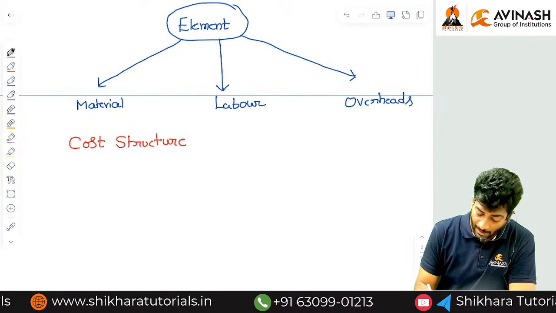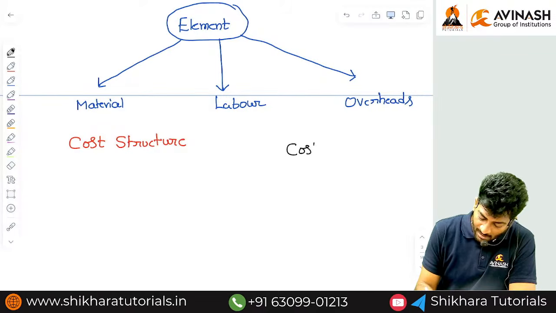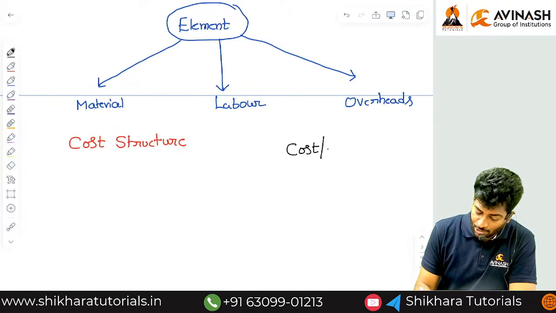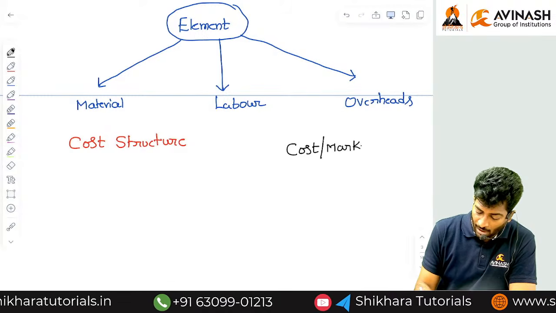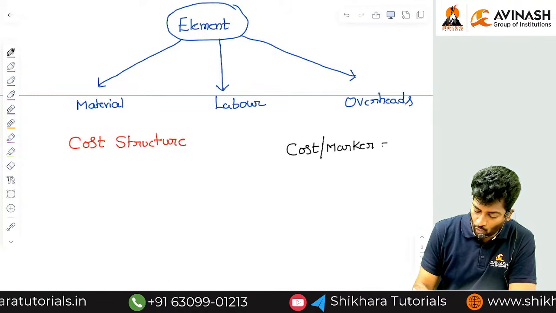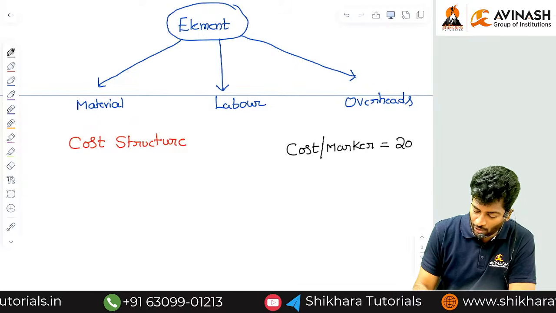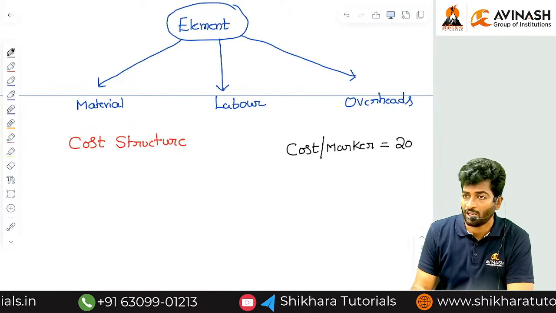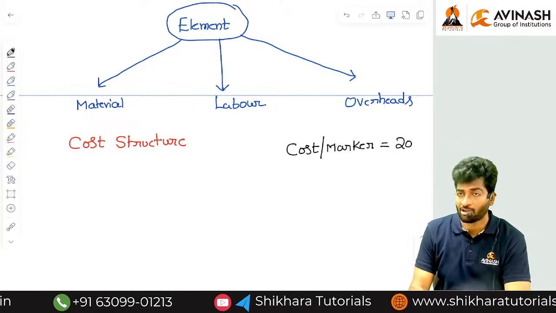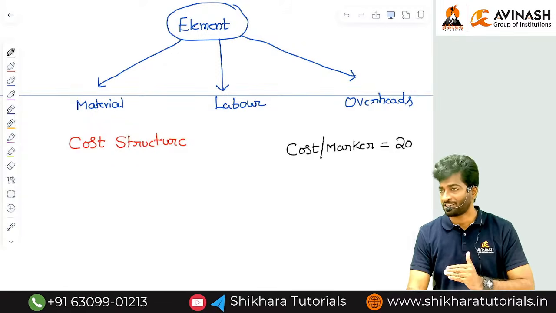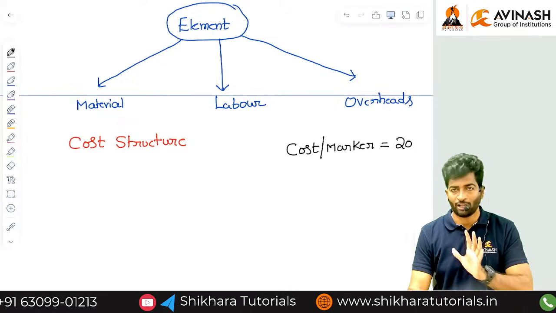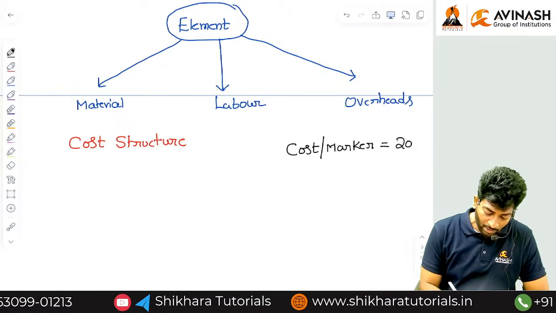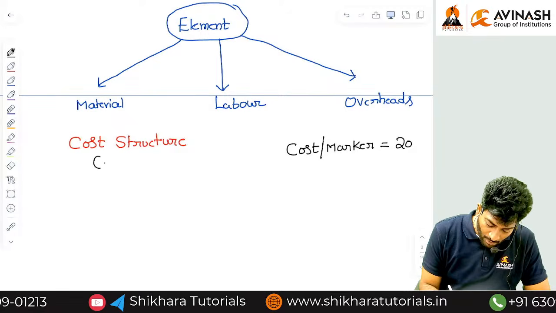If I say, sir, I manufacture a marker, and the cost for one marker comes to 20 rupees. Now, if I ask you the bifurcation or segregation of that 20 rupees, how you arrived at it, then you are going to show me the details.